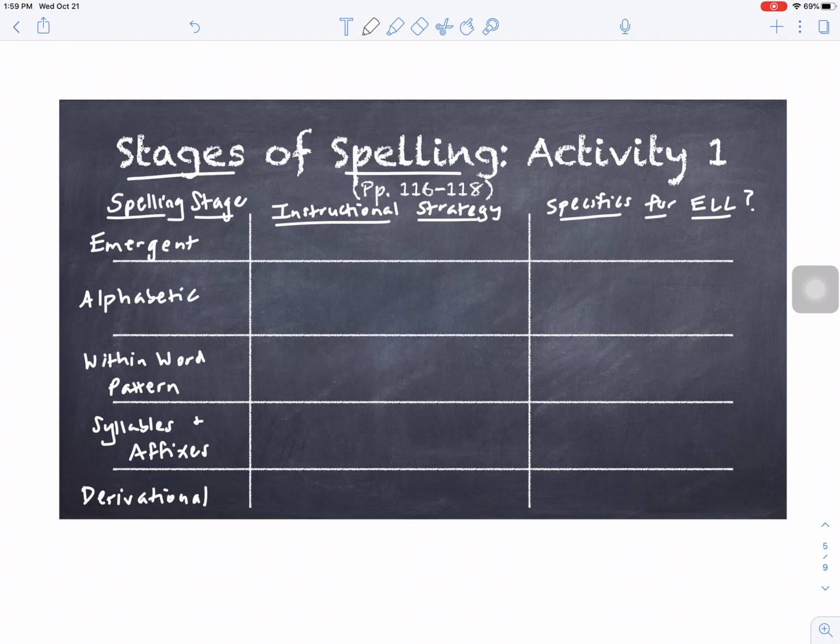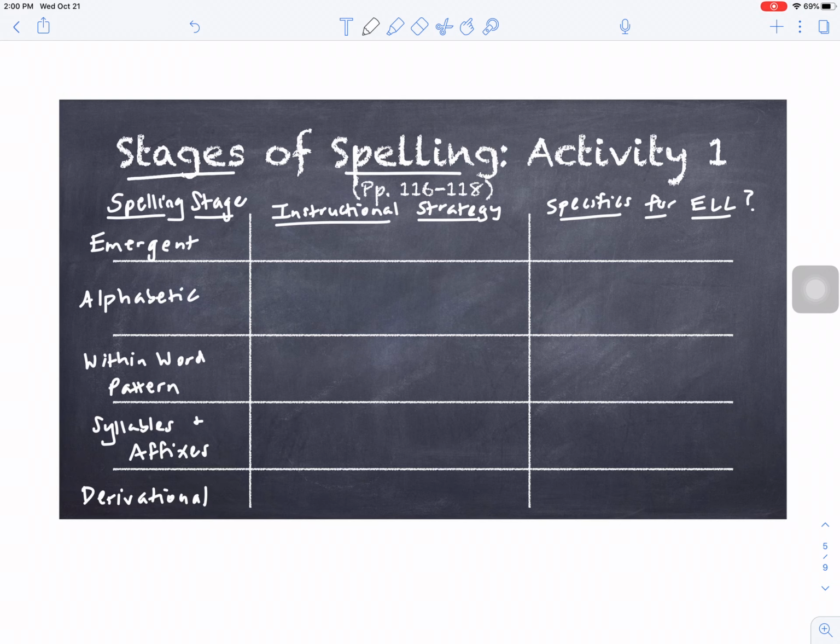In your book on pages 116 to 118, the spelling stages that DeVries has outlined are discussed and described. So you can see we go from the emergent to the alphabetic to the within word pattern, syllables and affixes, and derivational.